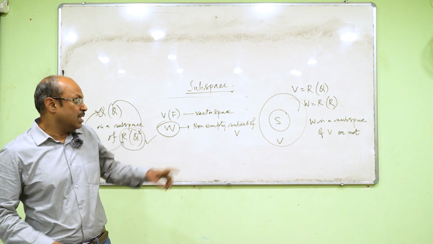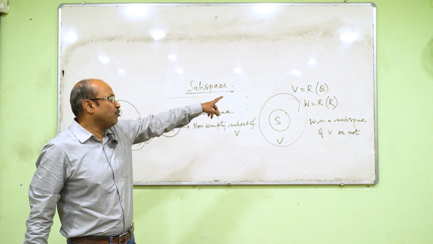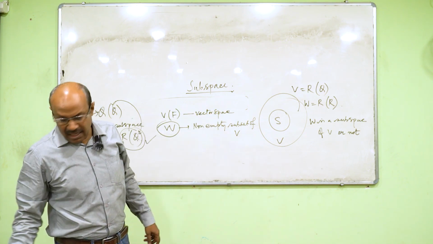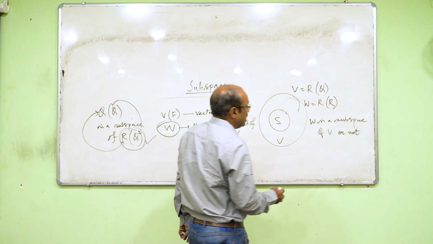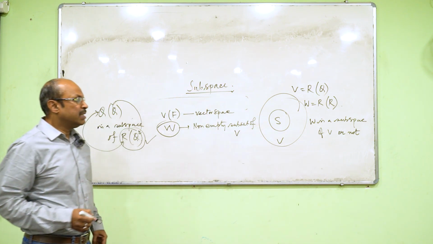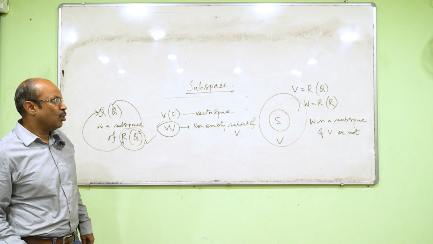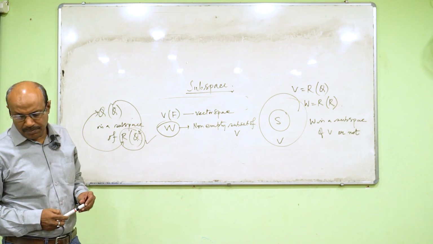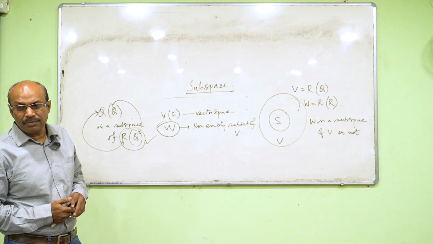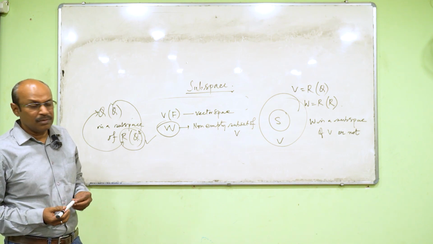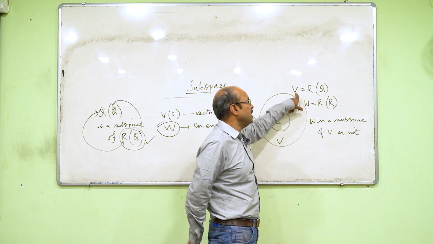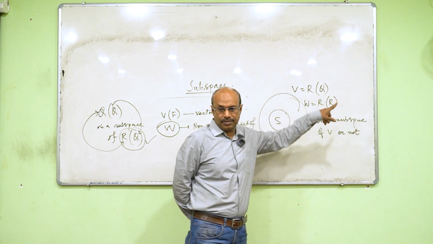Anyone can say? W is a subspace of V, that is R over Q? Here we see that W is not a subspace of R over Q. Why?